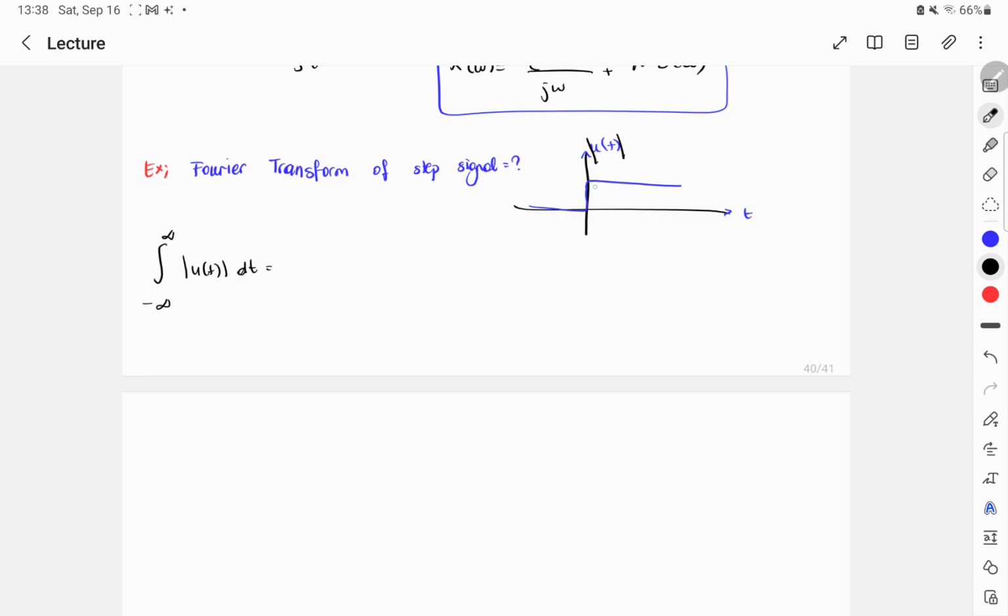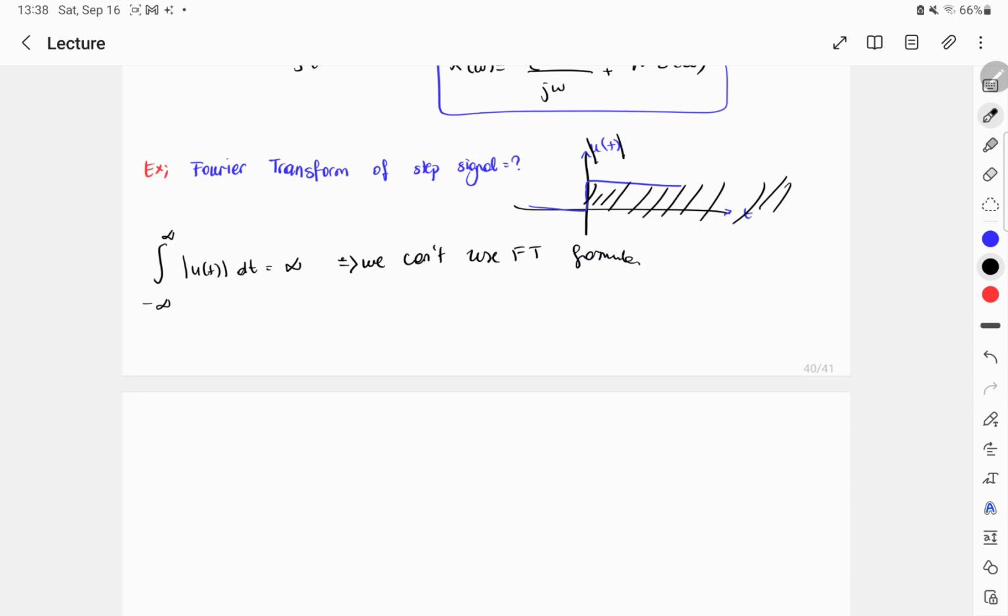So if we were trying to integrate all the area underneath, we would see that it gives us infinity. However, our condition was that it should be less than infinity for us to use the formula. As it is equal to infinity, we can't use the Fourier transform formula.